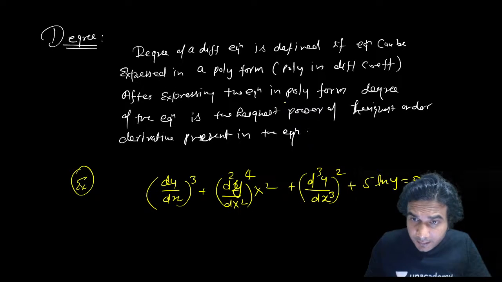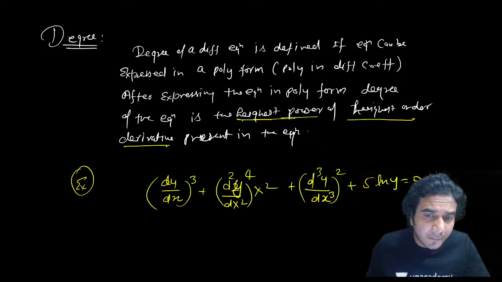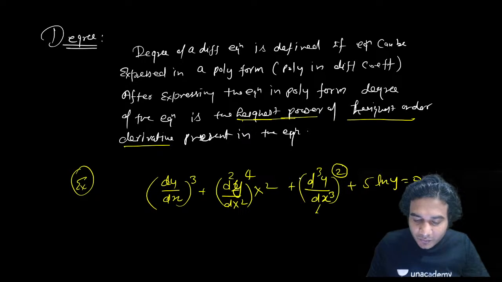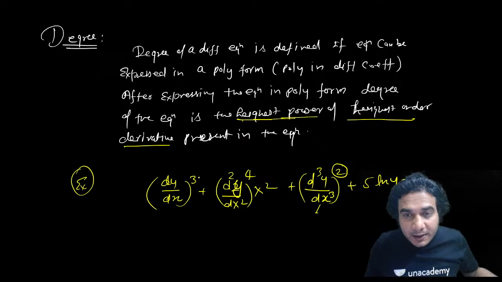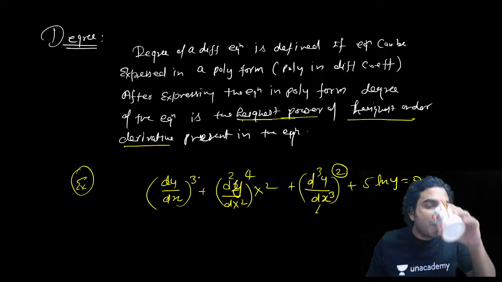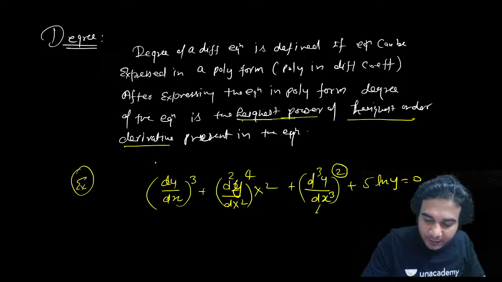But the degree of the equation is highest power of highest order derivative. So highest order derivative is d3y upon dx3, and its power is 2. So answer is 2. Do not get confused with this 4 or 3. Just look at highest derivative. Samjha?